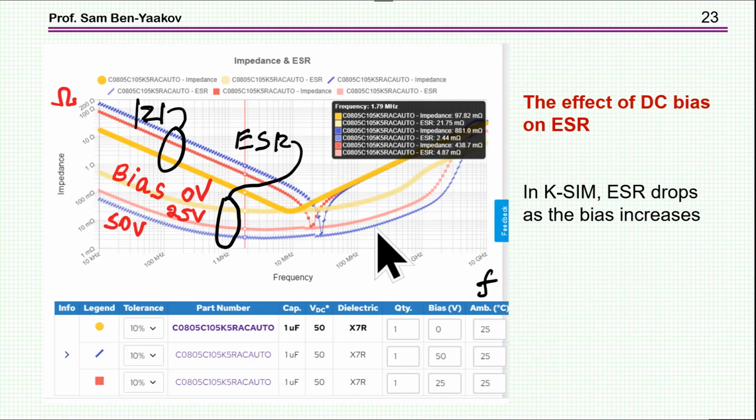Now I'm coming to another issue, which I think is unresolved, and that is the effect of DC bias on ESR.